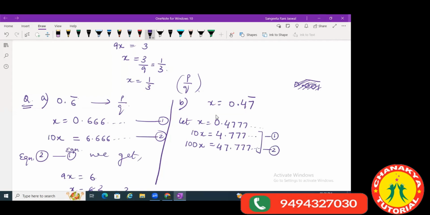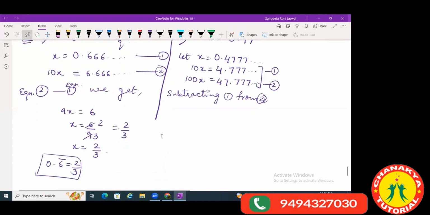Because I could get some easy number when I subtract it. Okay, so subtracting 1 from 2, we get 100x minus 10x will be 90x, and 47.777 minus 4.777.